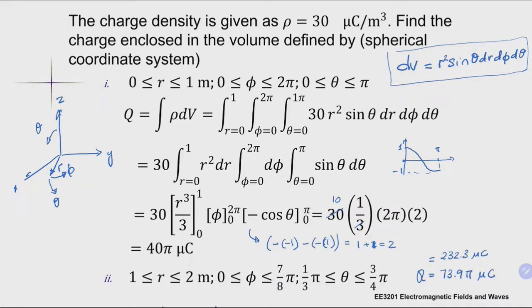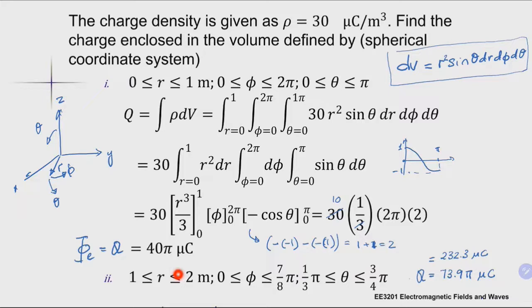So I'll ask you, what is the electric flux enclosed in this volume? What would that be? So first one, what's the electric flux enclosed in this volume defined? Yes, 40 pi microcoulombs is the same thing. So the electric flux enclosed is equal to the charge enclosed.